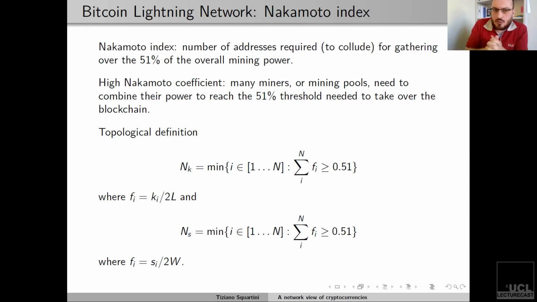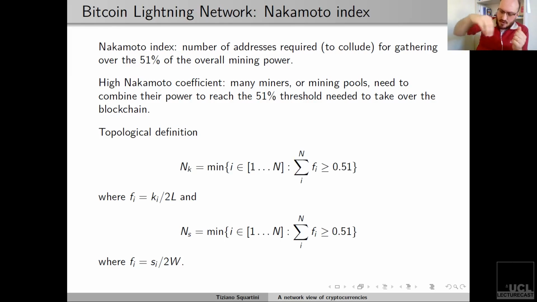So first, we calculated a kind of topological version of the Nakamoto index. So we said, how many nodes are needed to account for 51% of the total number of links in the network?